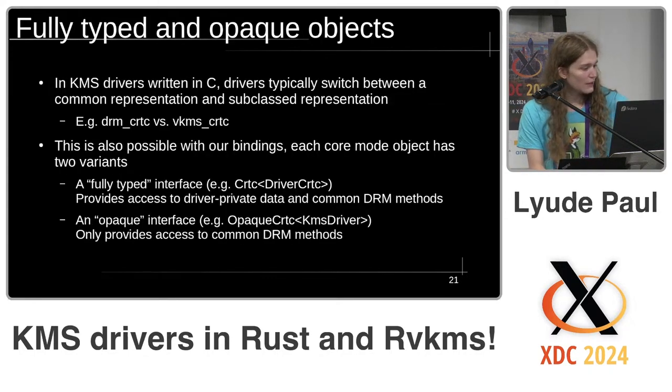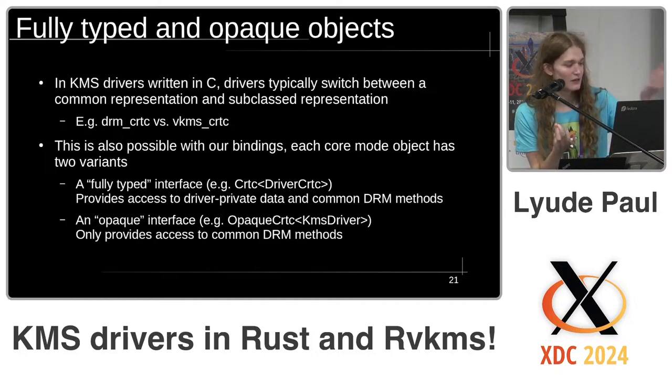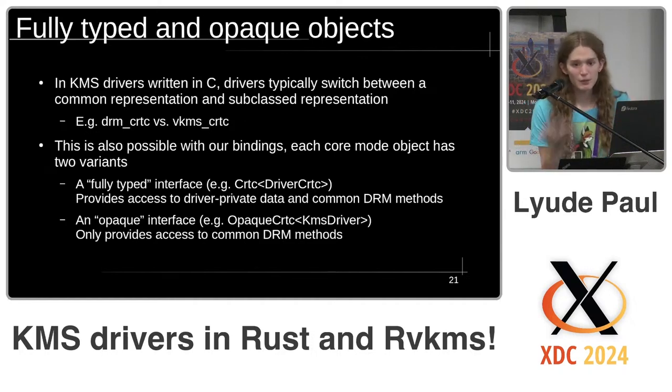So in KMS drivers written in C, drivers will typically switch between a common representation and a subclass representation. So this goes sort of back to the DRM CRTC and VKMS CRTC thing we mentioned before. There's a couple of reasons for this. Sometimes you have operations that you want to apply to all different mode objects, regardless of type, or only specific types and so forth.